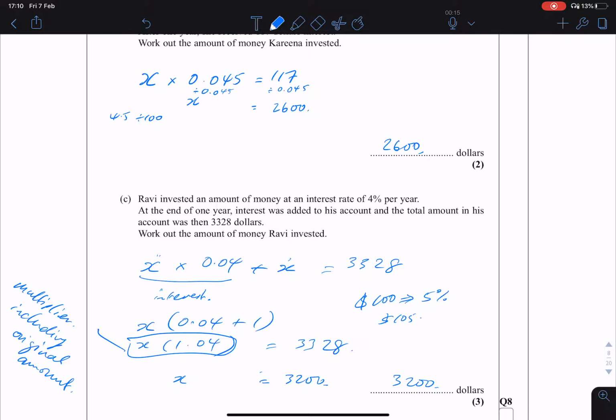If I want to use that as a multiplier, I have 100 times 1 plus 0.05. So 100 times 1.05, and that's 105.